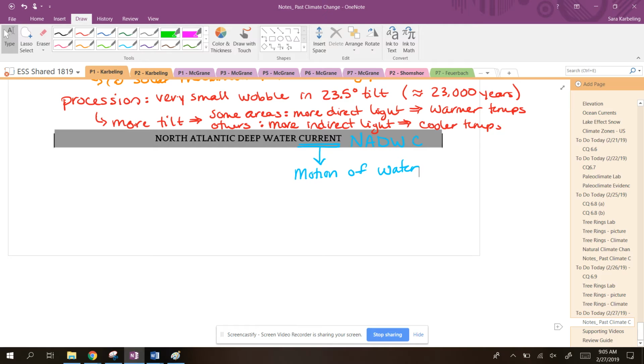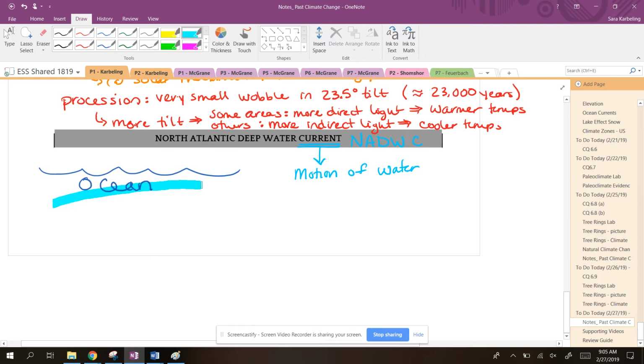Anyway, the thing that I need you to know is that if this is the surface of water, this is an ocean. The current that we talk about is the movement of water near the surface. If water is moving in one direction, does that mean there's a lack of water here now?